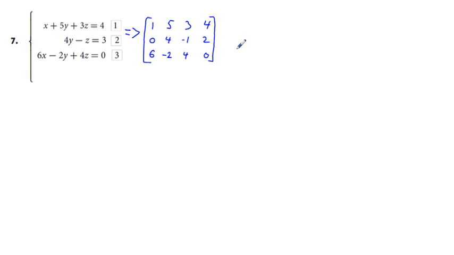Okay. Well, the first thing we're going to do is we already have the second row equal to 0. So we're going to concentrate on that third row.